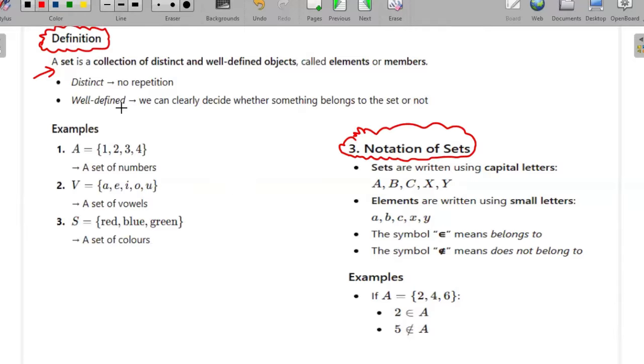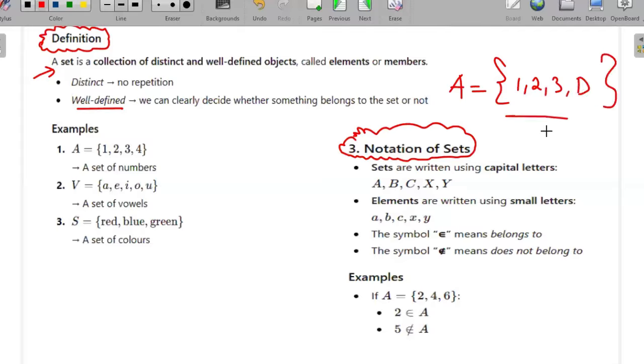And then well defined, meaning that we can actually clearly decide whether something will belong to that set or it won't. So, for example, if I write set A has, let me say, 1, 2, 3, and then all of a sudden I just write D, will this be a set here?